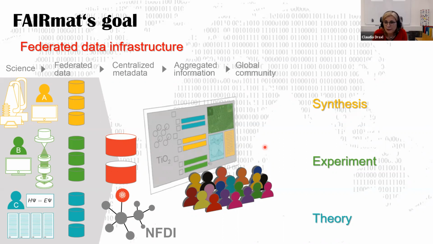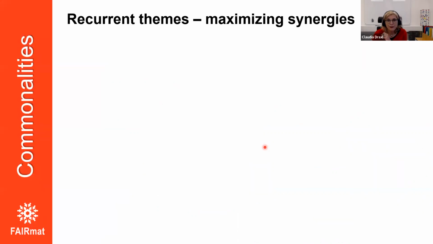We cannot build a database for semiconductors, and we cannot build a database for the synthesis of alloys or something like that. So we must find ways to exploit synergies. And we came up with recurrent themes that all of us share. These are 5 in total.